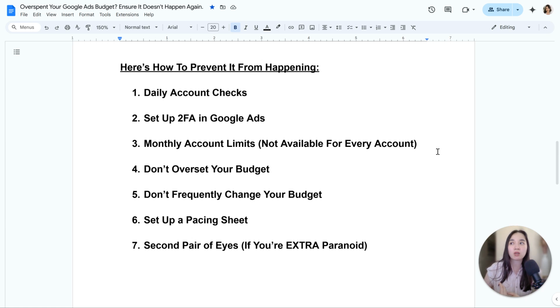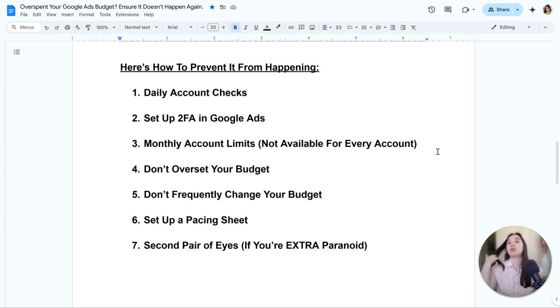When you're setting up 2-factor authentication, it creates another layer of security, and it allows you to have a second layer to double check to make sure that this is what you're intending to do, because you're going to have to verify, number 1, that you are who you are, and number 2, that this is intentional and that you actually want to go from $10 to $100 per day.